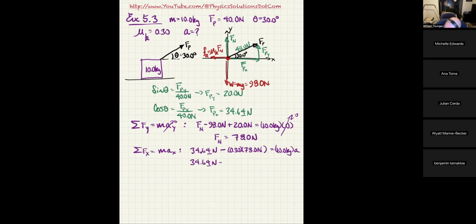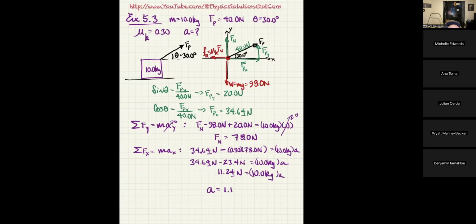34.64 newtons minus 23.4 newtons is equal to 10.0 kilograms times A. 34.64 minus the 23.4 gives me 11.24 newtons is equal to 10.0 kilograms times A. So finally, we get A is equal to 11.24 divided by 10.